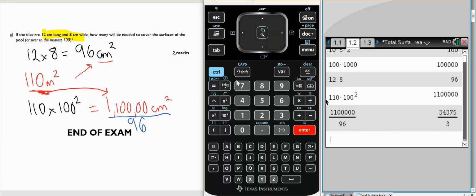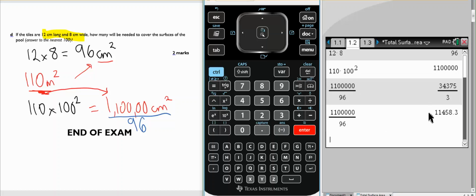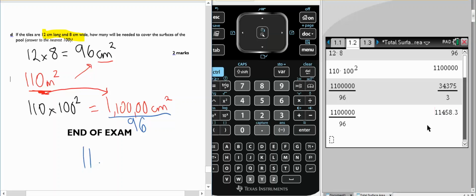So to do that, we need to go Control Enter, and we can see that our answer is 11,458.3. Finally, it says answer it to the nearest 100. So this is going to be closest to rounding down to 11,400 tiles.